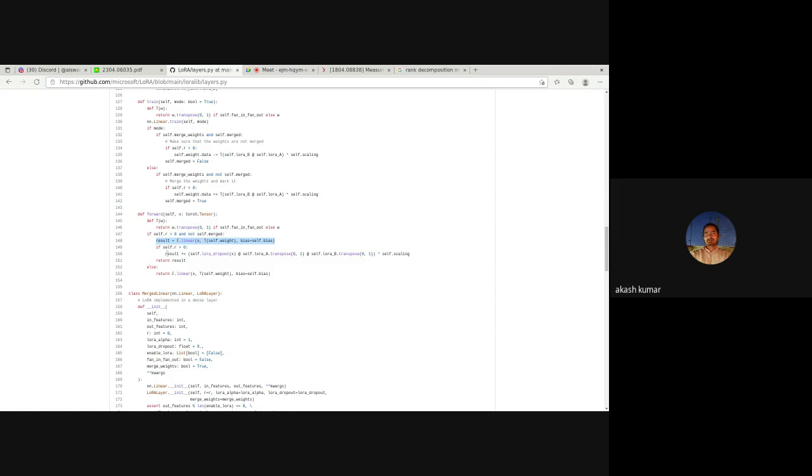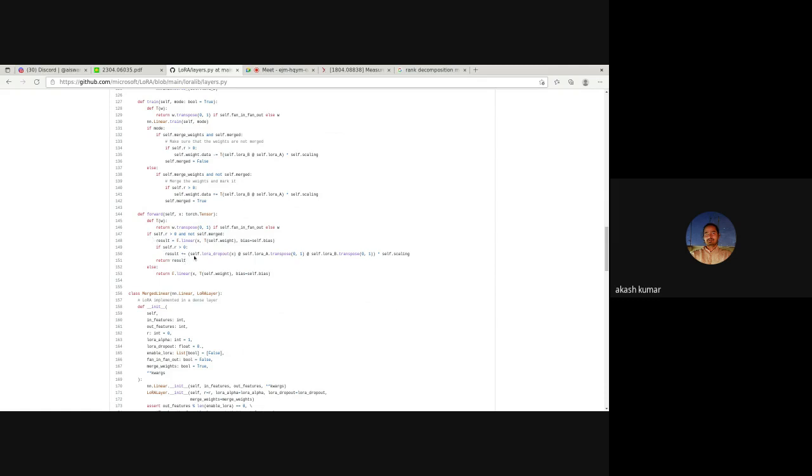Then they add the result of that with the multiplication of, we saw that equation, right, where h of x was equal to W of x plus BAx. So it is implementing the same thing here. And then they add this result to this one.